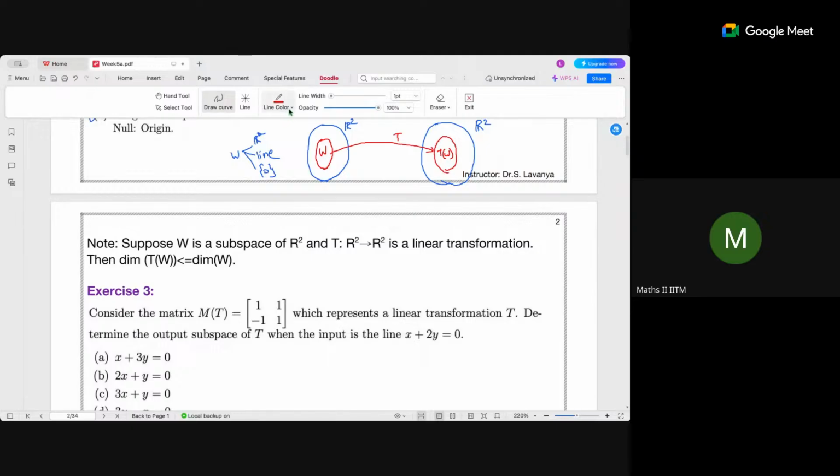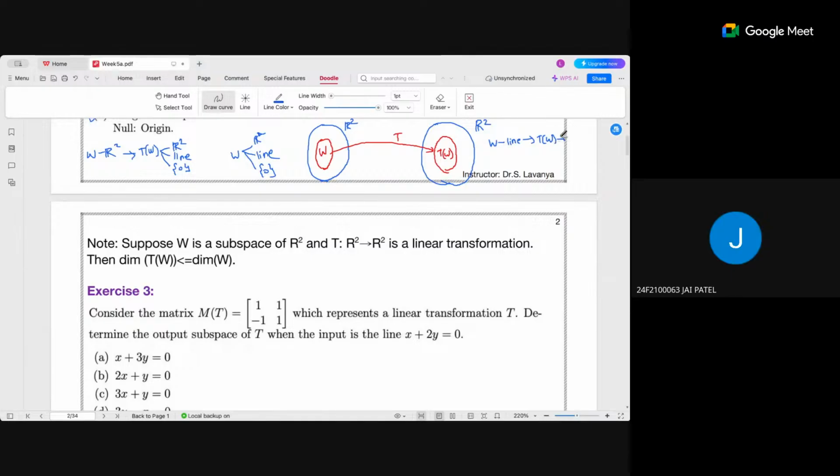So this means what? If your W has dimension 2, so if W is R2, then what are the possible options for T of W? It can be any of these, 2, 1, 0, any of these is possible, right? But if your W is a line, then what are the possible options for T of W?